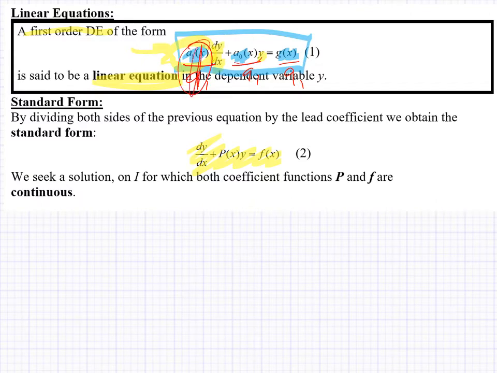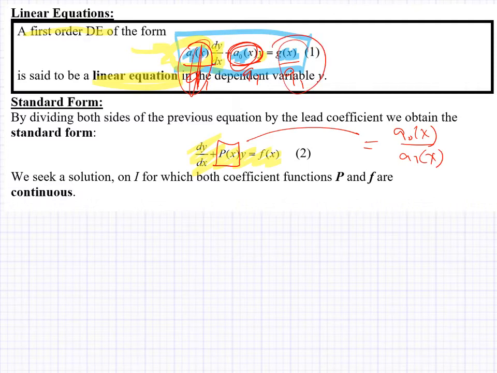This here would become a sub 0 divided by a sub 1, and we're going to call that p of x. So again, p of x is equal to a sub 0 of x over a sub 1 of x. And then this here would be g of x over a sub 1, and we're going to call that f of x just to make it look nicer. So again, g of x over a sub 1 of x.